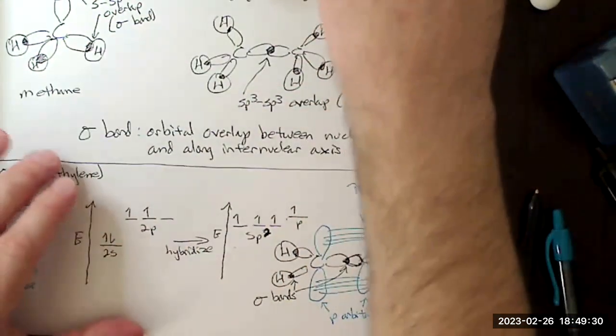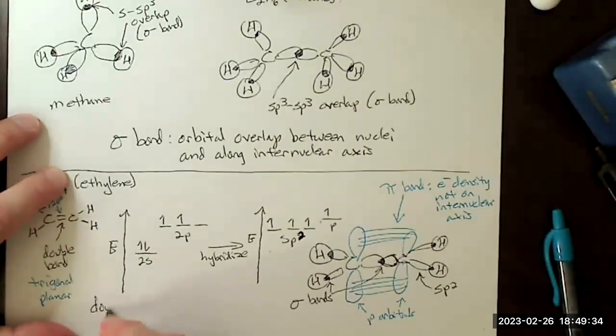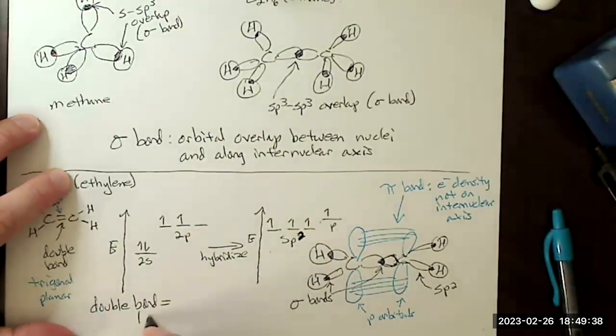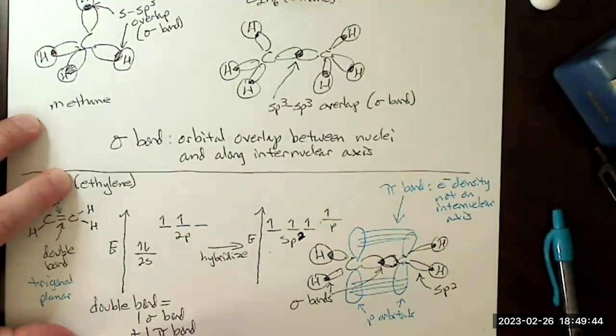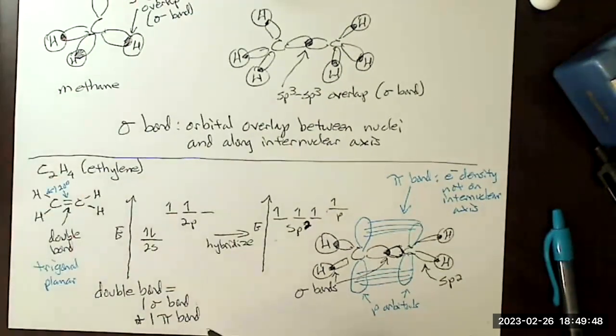And now our double bond is going to be one sigma bond plus one pi bond.